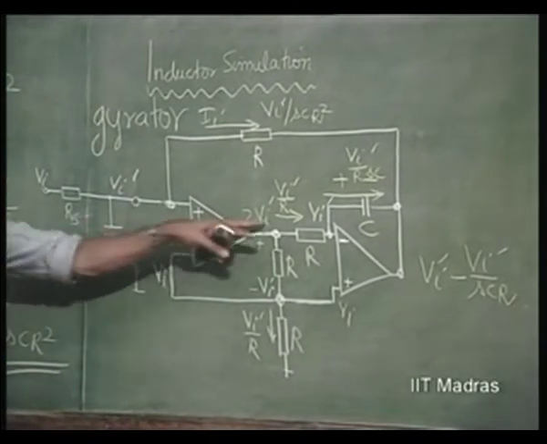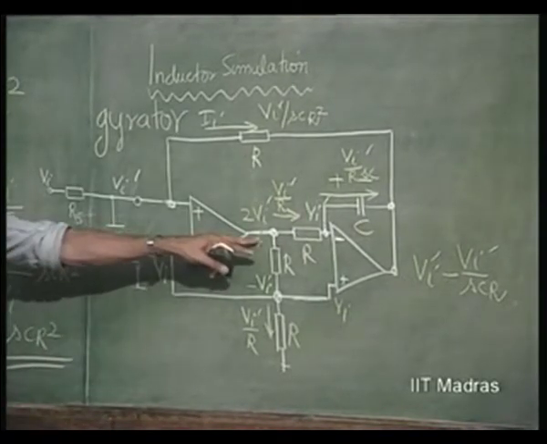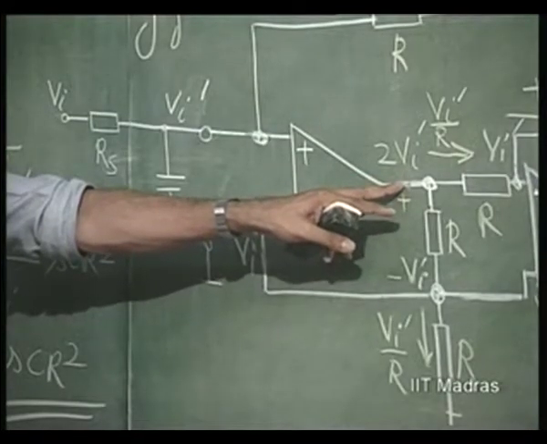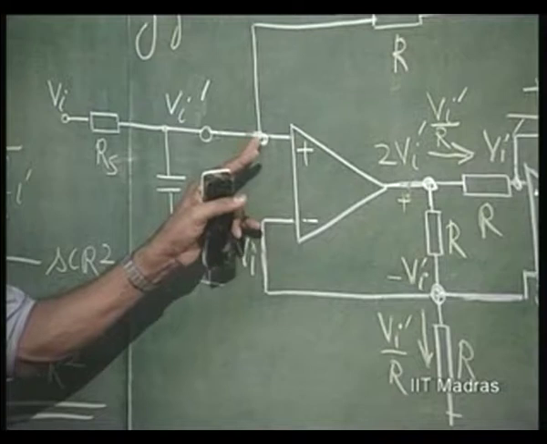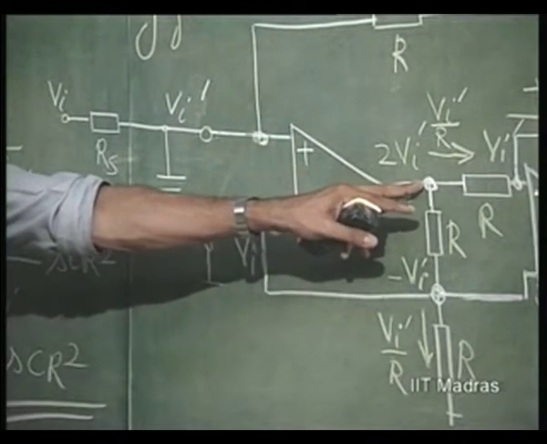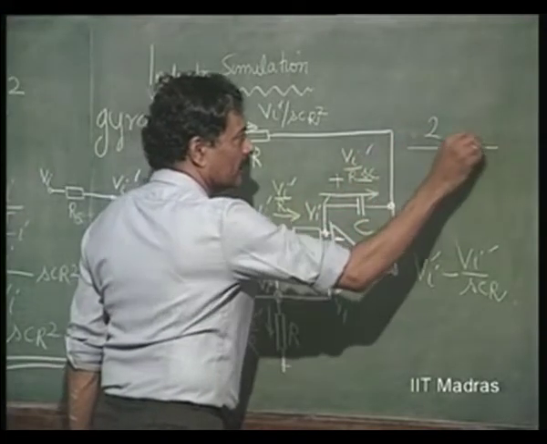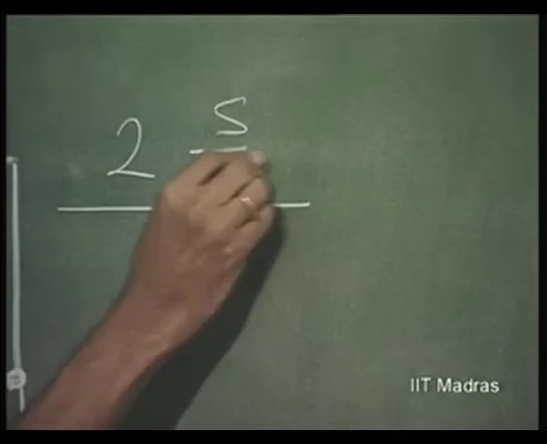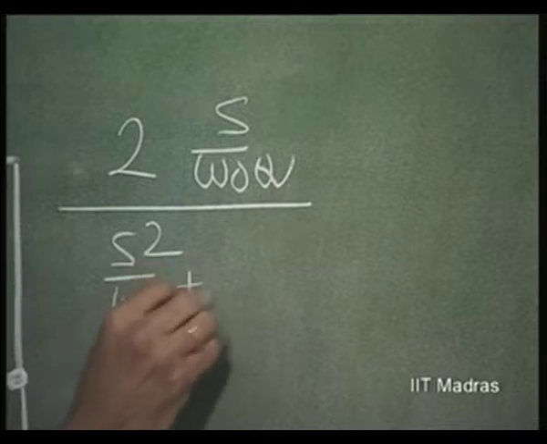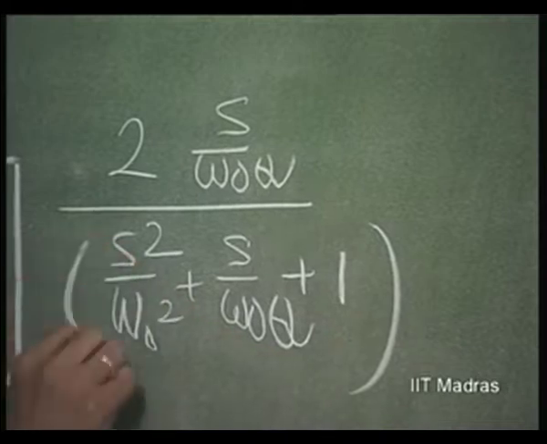This will be twice Vi prime. So, it will be again band pass. The output here also is going to be band pass. So, you can as well take the output here, because here it is buffered. That means you can load this without affecting the Q of the circuit, right. But it is better to take the output here, which is going to give you twice Vi, that means twice S by omega naught Q over S squared by omega naught squared plus S by omega naught Q plus 1.